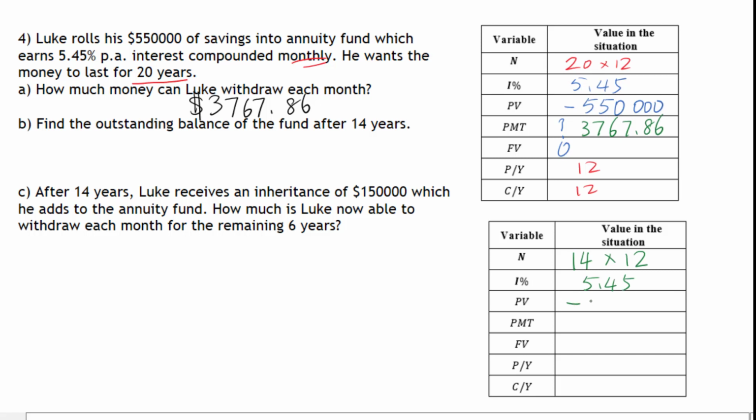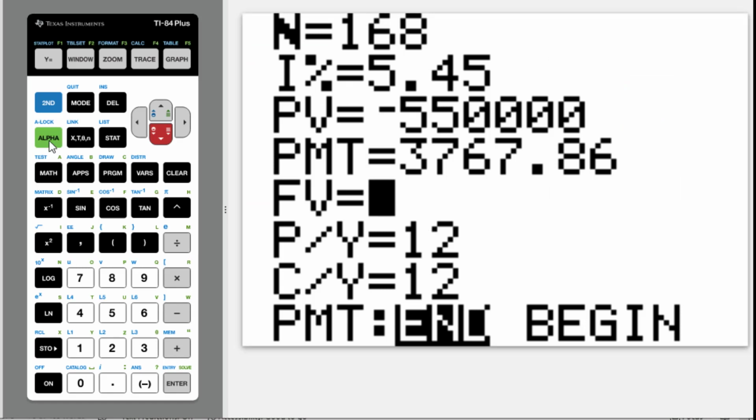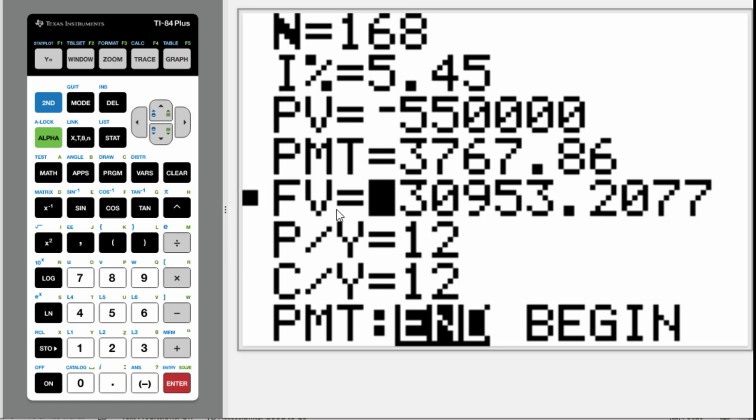Present value is negative $550,000. PMT is a positive $3,767.86. For future value, it's something we are looking for. These two, both 12. Alpha, enter.